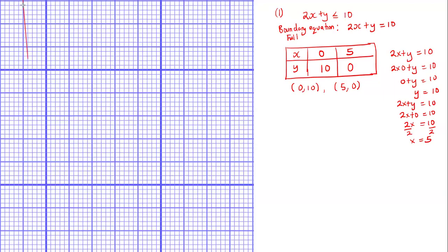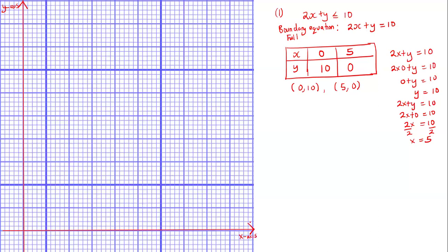Let me first draw. So that is my line. Also draw yours. This is my second line, like that. Then after drawing my lines, I'm going to label them very well. Then I know this is my y-axis, and this is my x-axis.